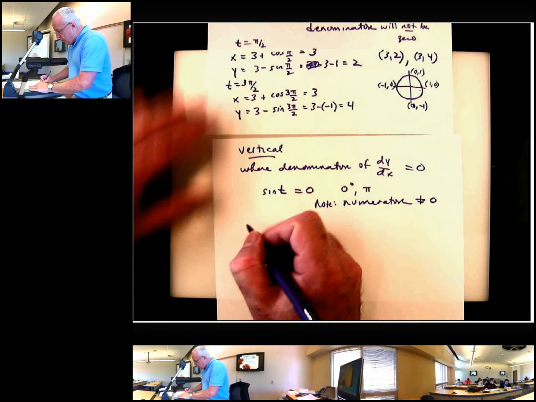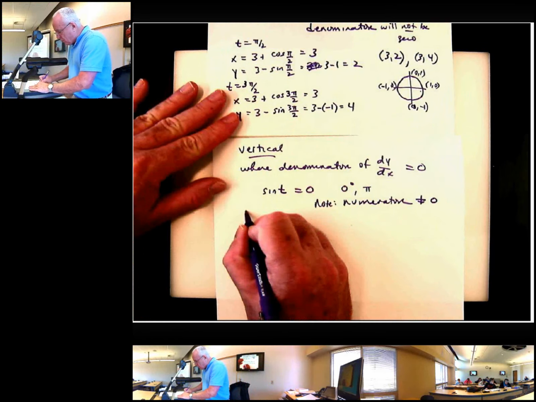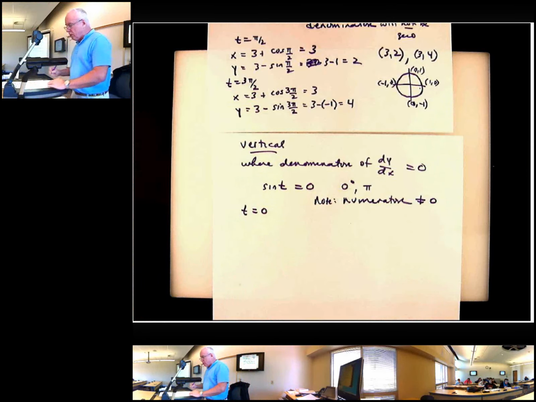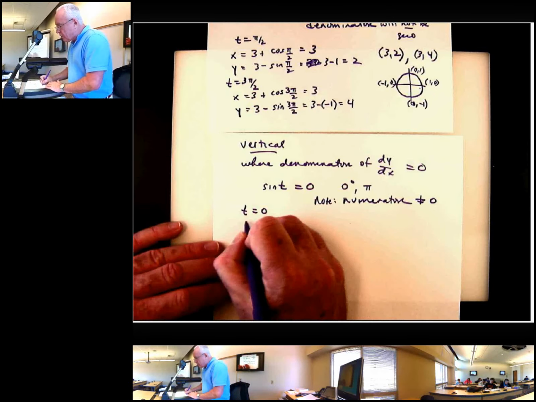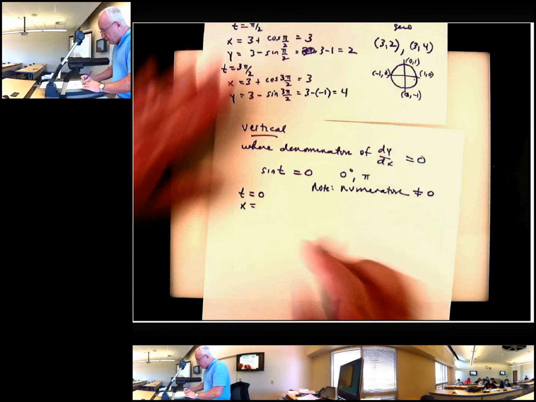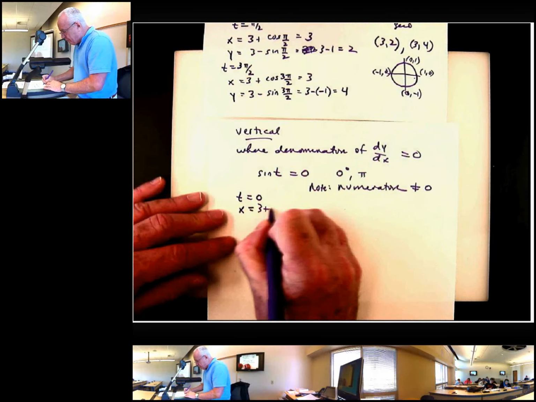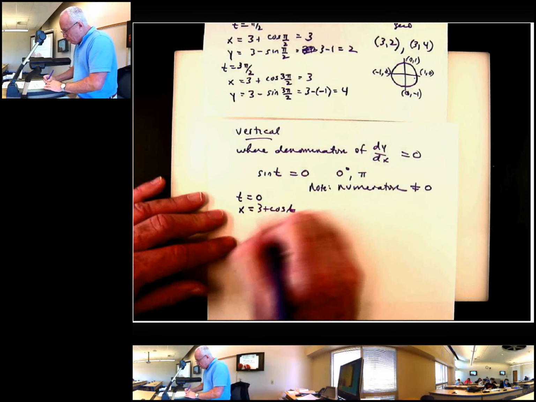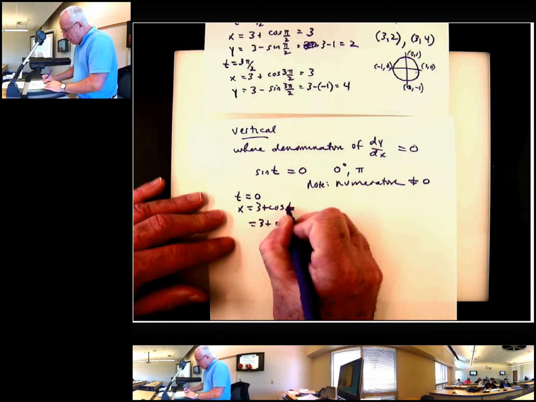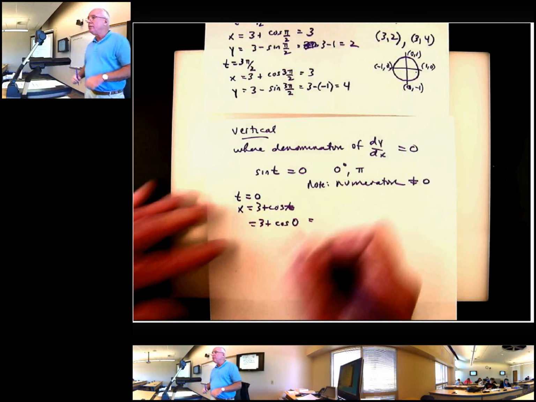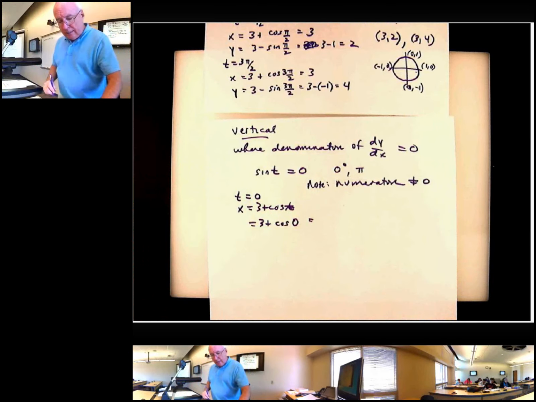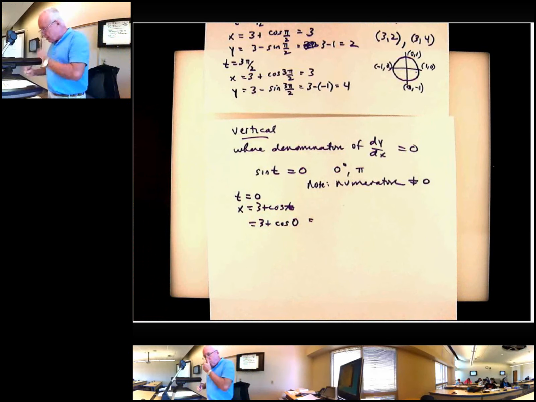So here, let's look at angle t equals 0. Now x is going to be equal to 3 plus the cosine of t. So it's going to be 3 plus the cosine of 0. Cosine of 0 is 1, so that's 3 plus 1, which is 4.